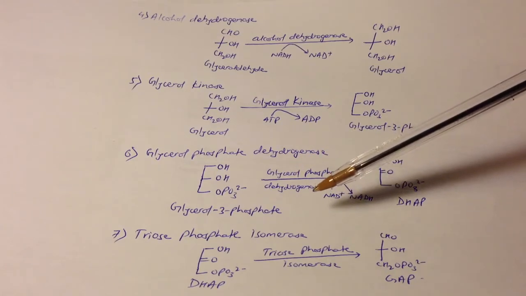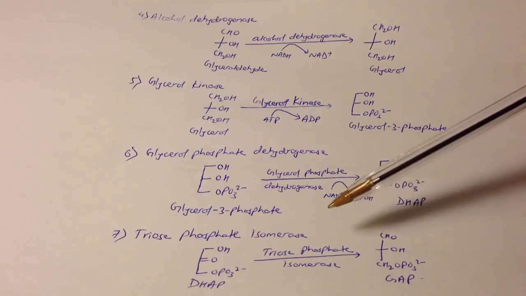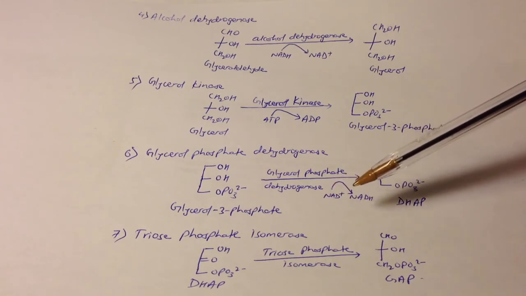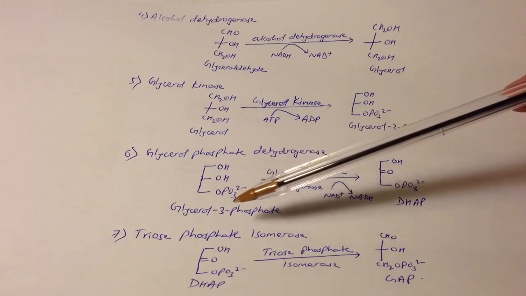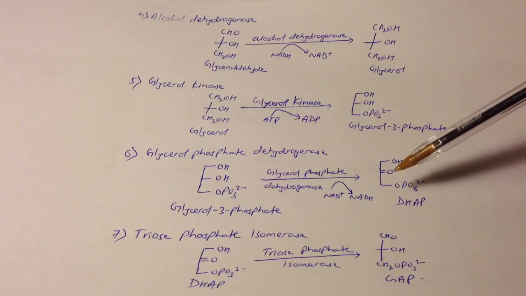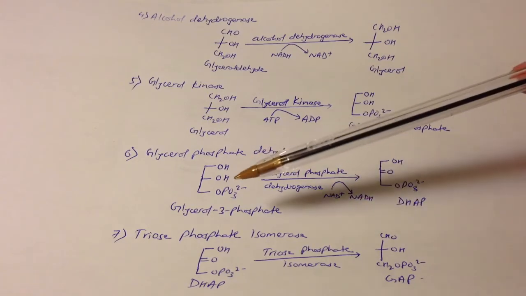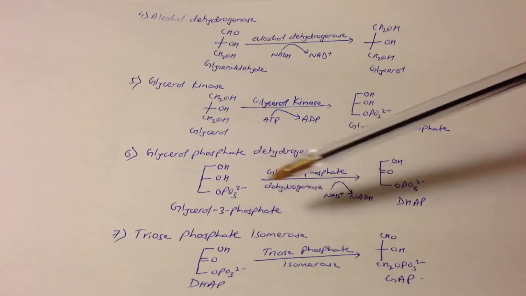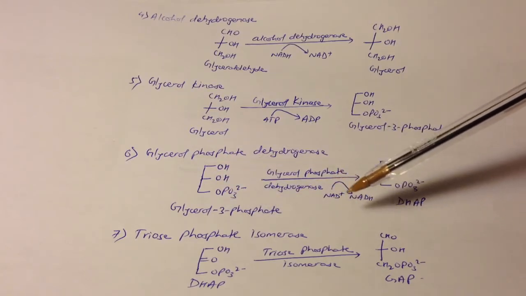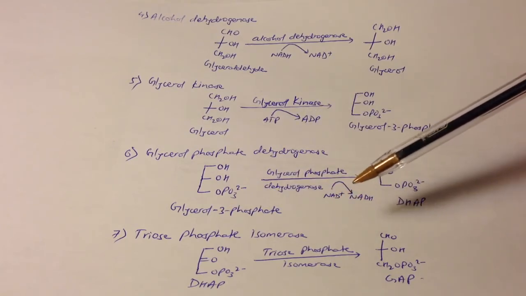And to predict whether NAD+ gives NADH or whether NADH gives NAD+, we can see what happens to this molecule. In this case, our molecule is oxidized, so NAD+ would be reduced. So if oxidation happens in our molecule, then NAD+ would be reduced, but if this is reduced, then this will be oxidized.